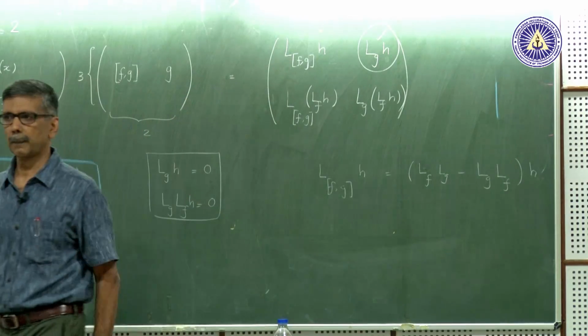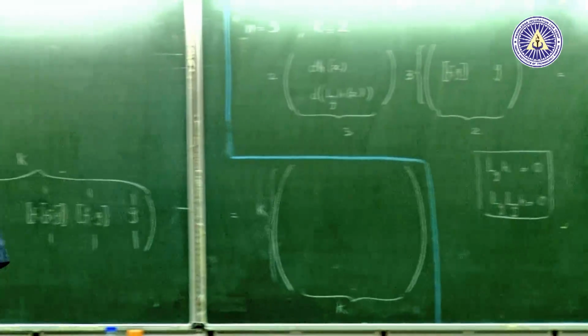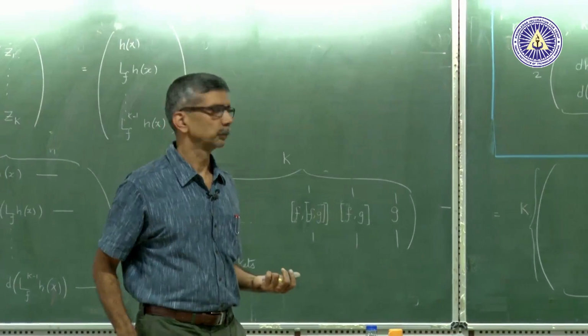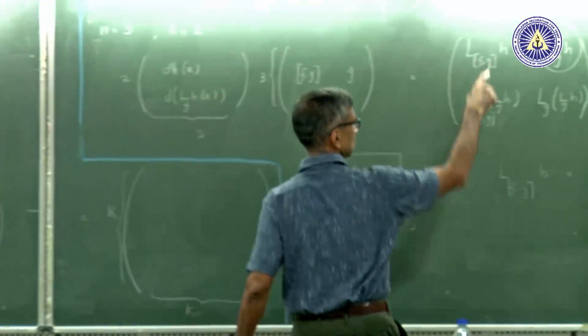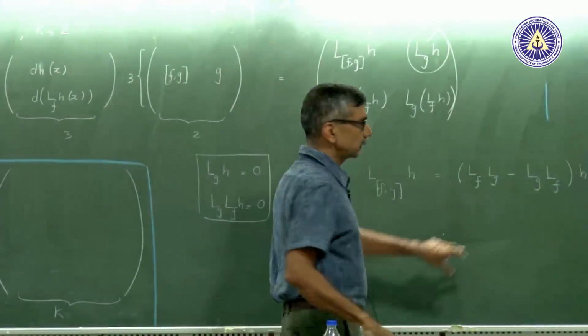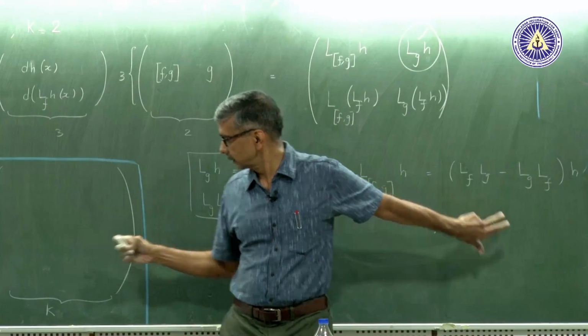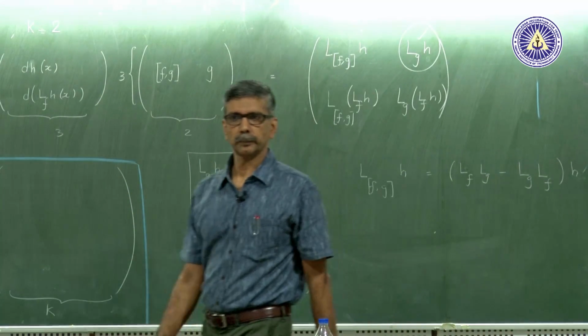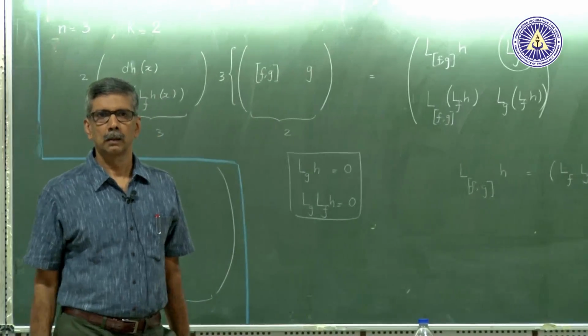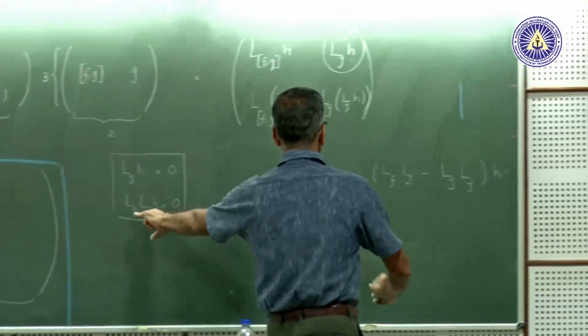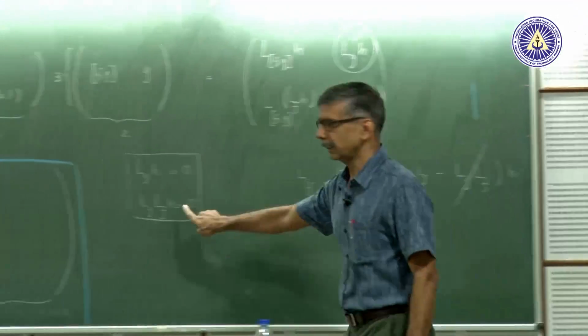So what is this? So let me write this down. So this is this. Out of this, which is everything 0 here for this case? I can definitely say this is 0, correct?